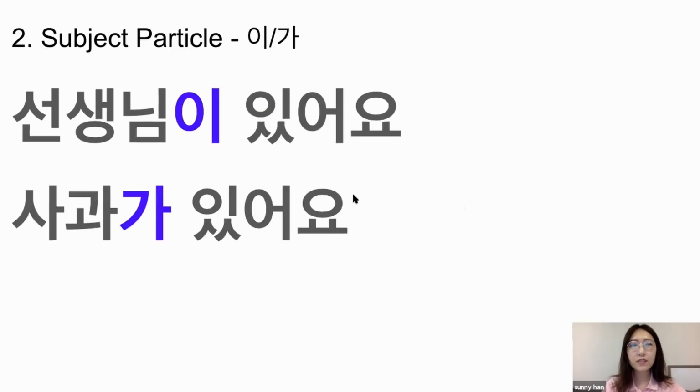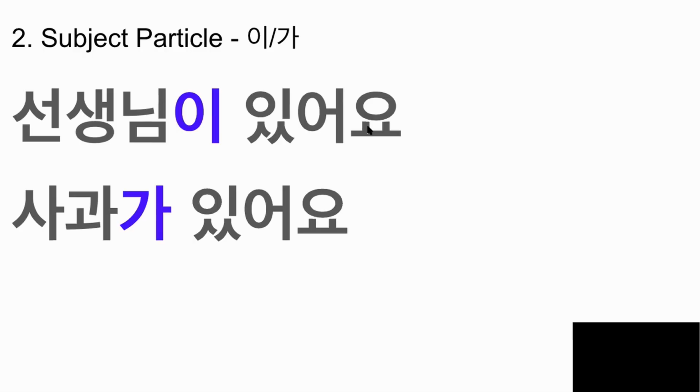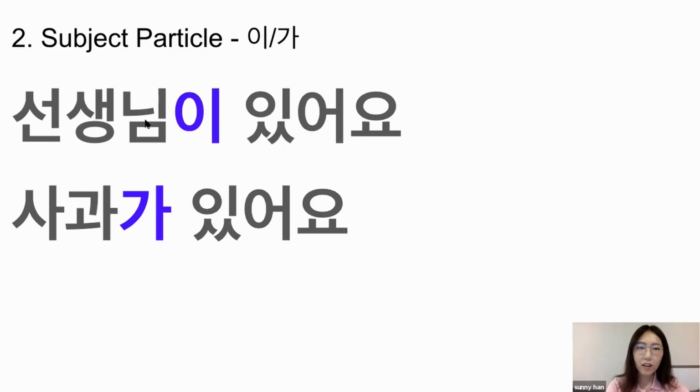I explained to you that if we add 이가 after the subject noun, that means we observe something or describe something. So there is a teacher. 선생님이 있어요. Consonant ending.